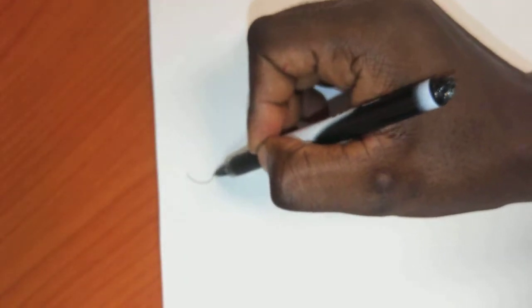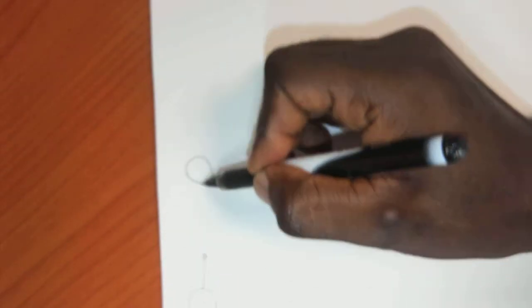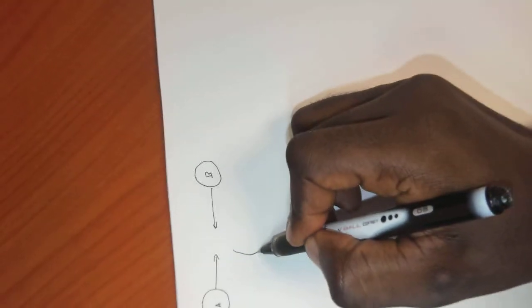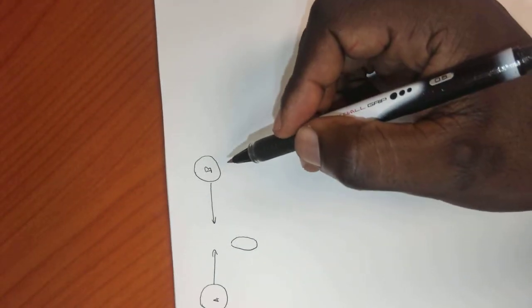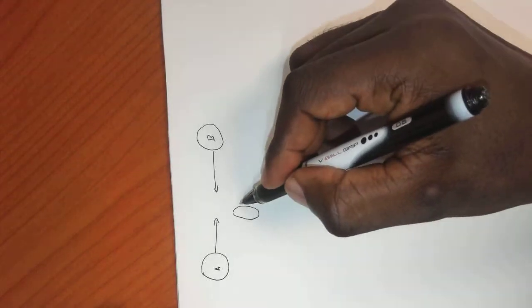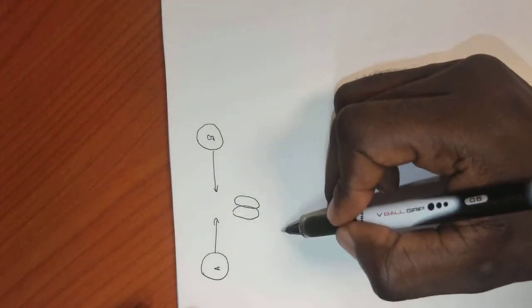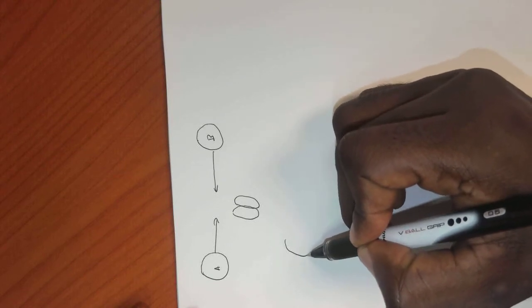So you have this ball and this one, with different masses, A and B, so they collide, and after collision, let's say they repel, they move away from each other.